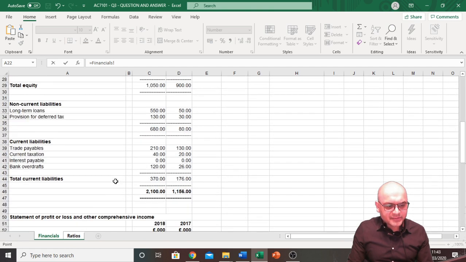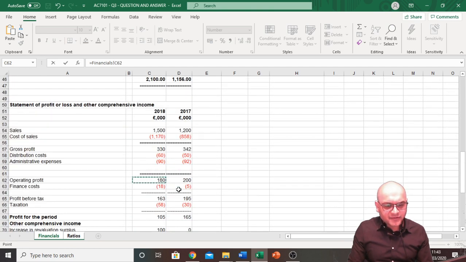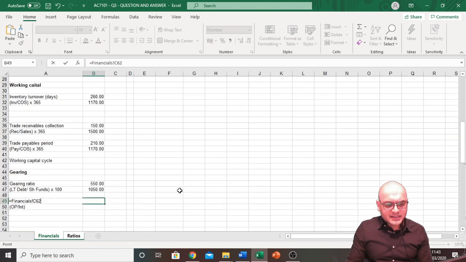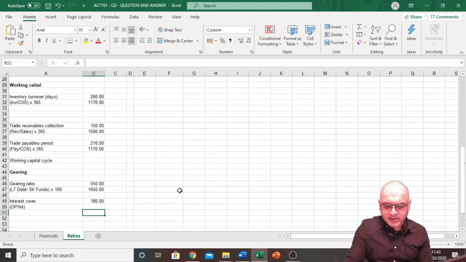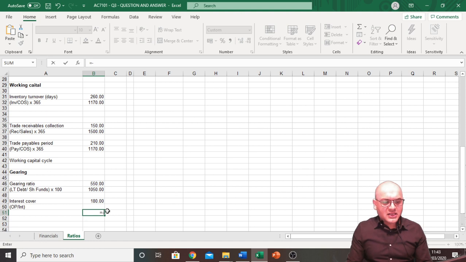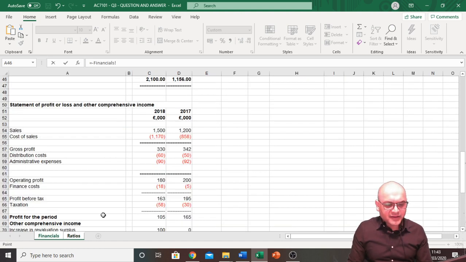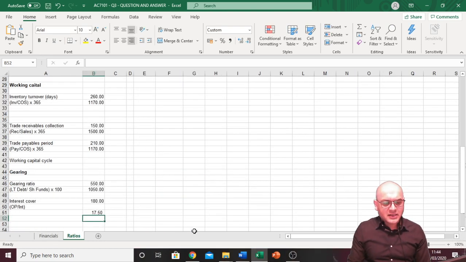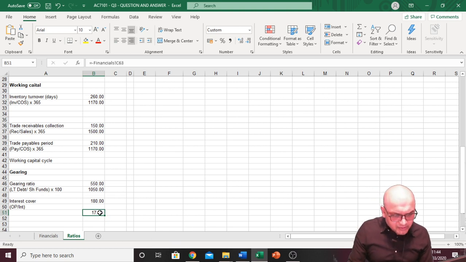So go to your statement of profit or loss, find the operating profit, and that is going to be divided by the interest. So put a negative sign first, then go to financials, and then select the interest or the finance cost. Okay, enter. Oops, wrong cell over here.